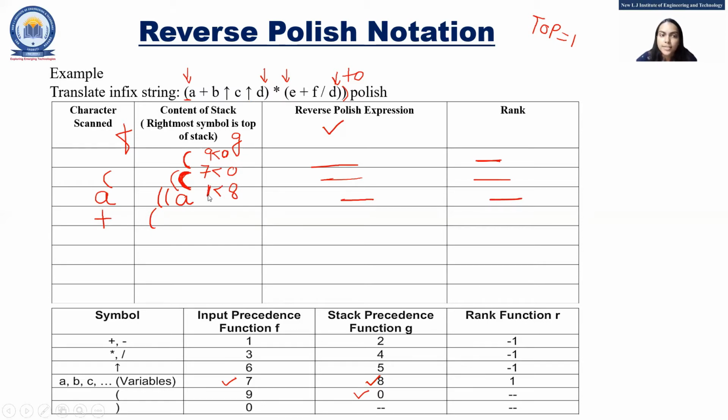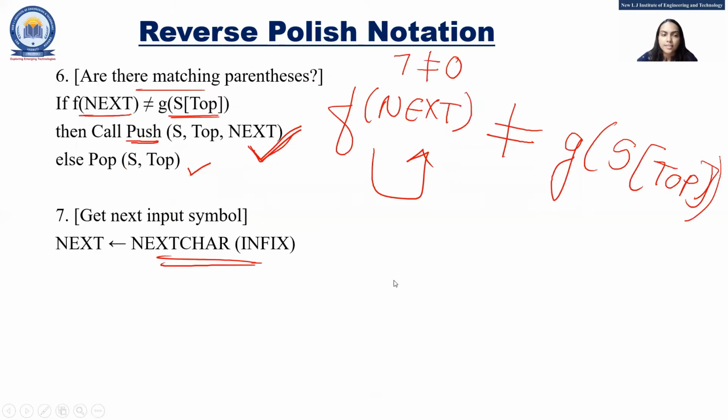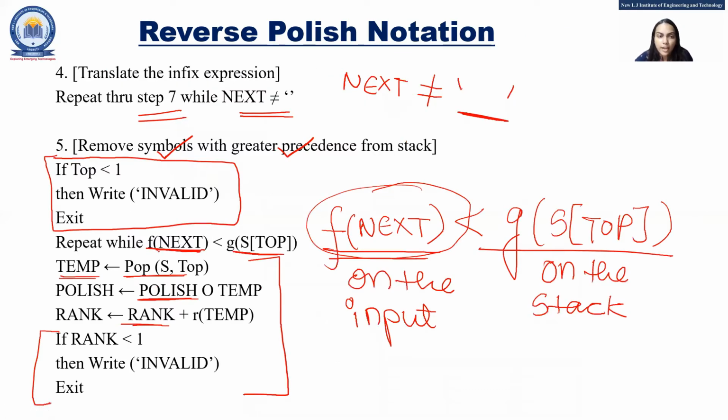The precedence of the input plus is 1 and this is 8. So 1 is less than 8. So yes, now this condition: F of next is plus, so its precedence is 1, and G of S of top is A, whose precedence is 8. So 1 is less than 8. Now, what do we have to pop? Whatever is on the top.